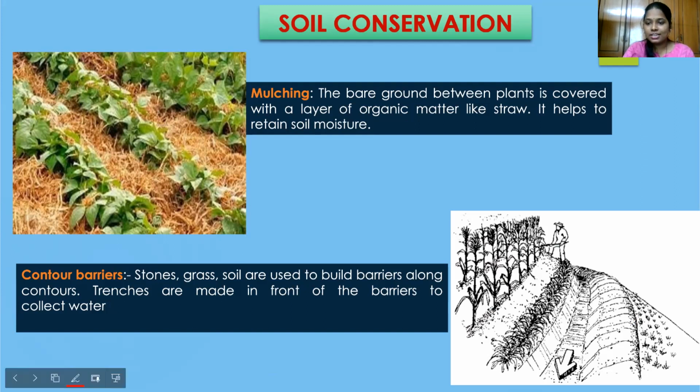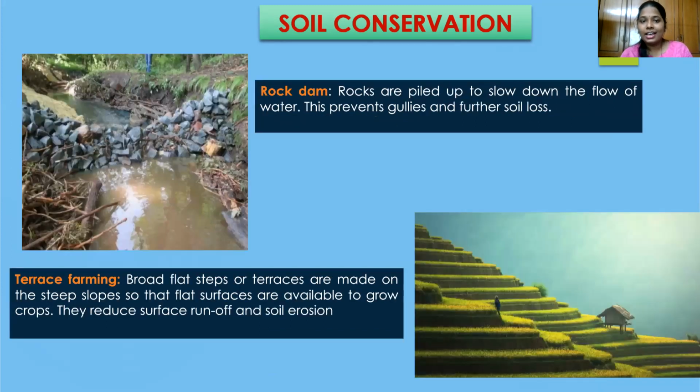You can see in this image that a contour barrier has been built with grasses and trees, and in front of it we have trenches. That is a depression in the sloping area. If we create a barrier, all the soil that comes with the water will be collected in this depression, and we will be able to conserve our soil, right?